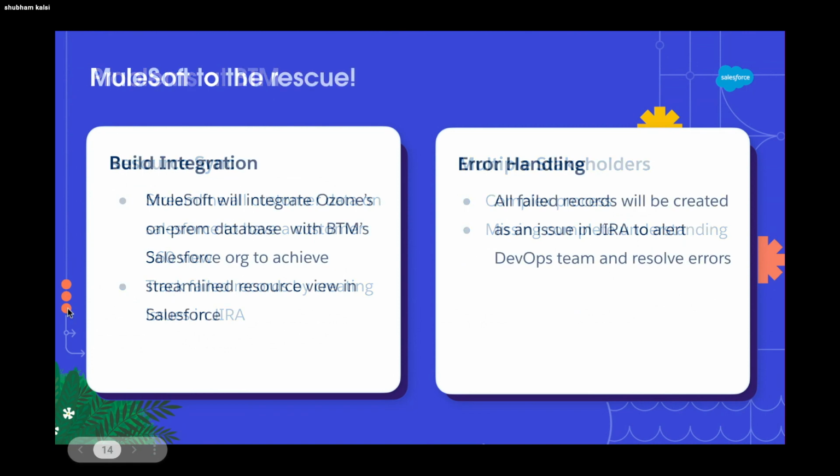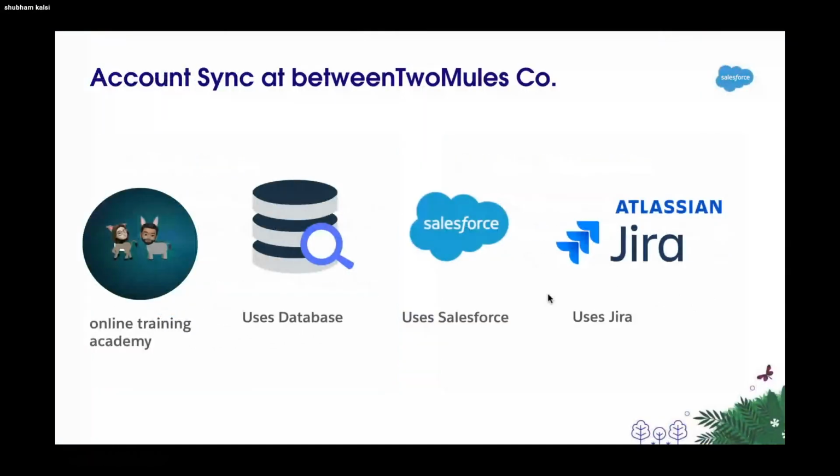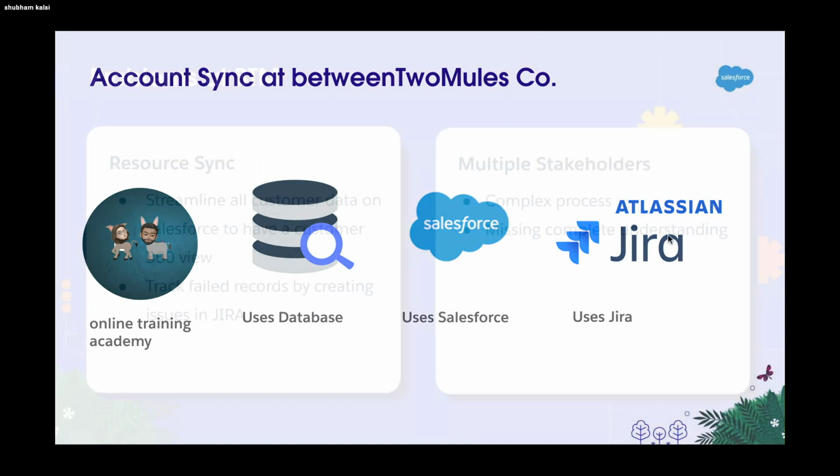They are also choosing MuleSoft to build a seamless integration from the database to Salesforce. They would like to track failed records by creating issues in Jira, which they use as a ticketing system. So let us see how they implement solutions with MuleSoft in action.